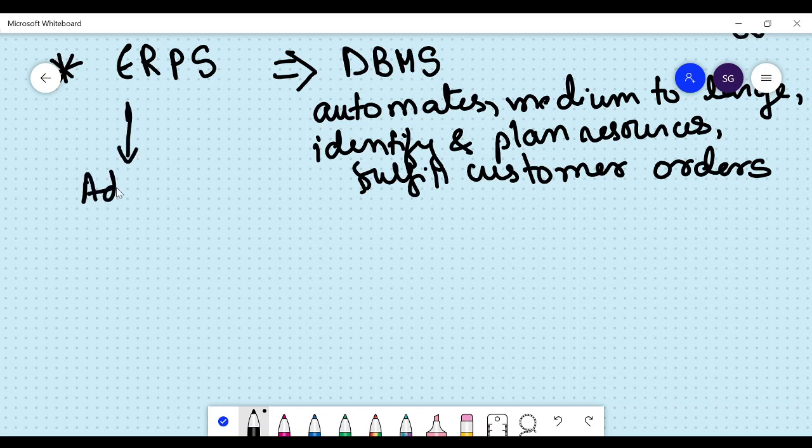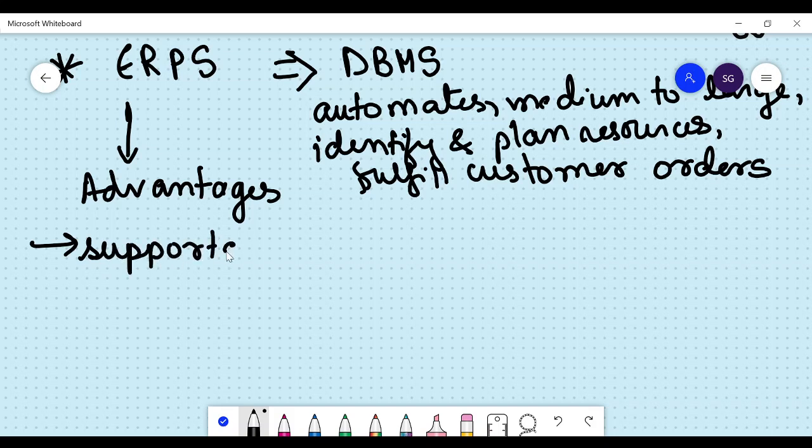Advantages: it supports performance measures.